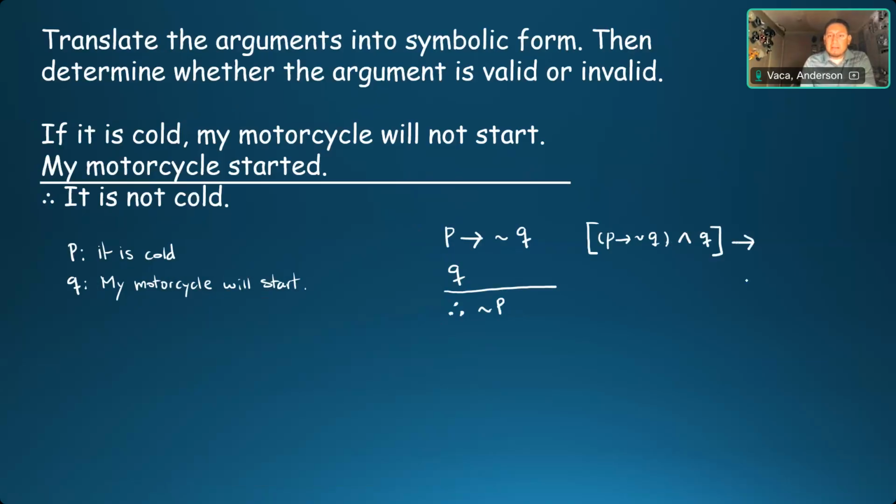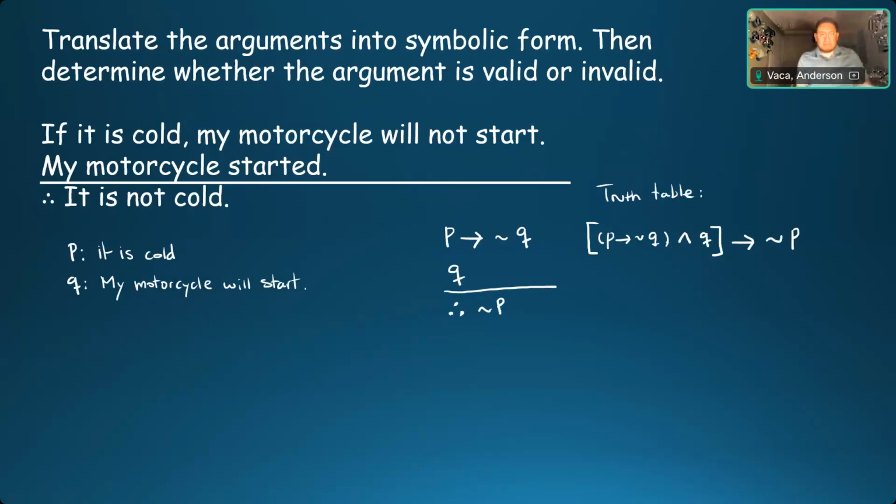Again, we are creating a conditional statement where this conjunction will be first, and then we have the conclusion, which is not P. All right, so we need to create a truth table for this.